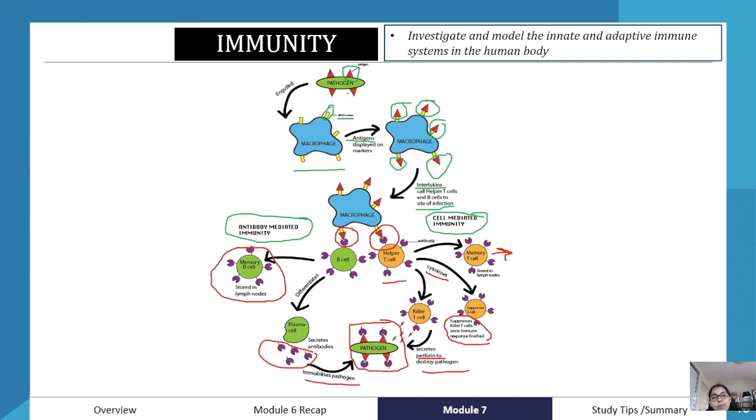So this whole process starts off with the pathogen, with the antigen. The macrophages come. These are our special white blood cells. They come, they display the antigen on the MHC, wait, let me write that down, MHC2 receptors, because those are antigen presenting.